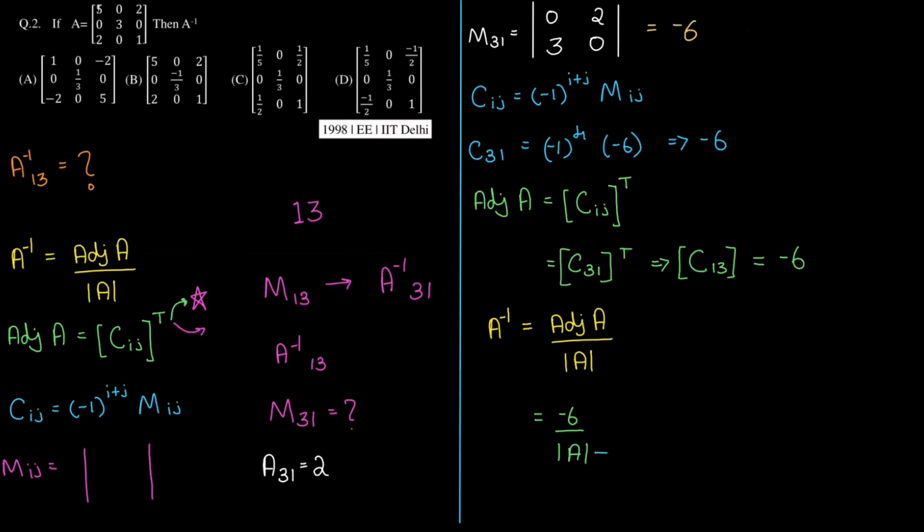Now we know that the determinant is 3. In that case, our answer will be -2. Remember, this was the inverse element in the first row and third column. Hence, -2 is present in option A, that is here. You will have option A as our answer.